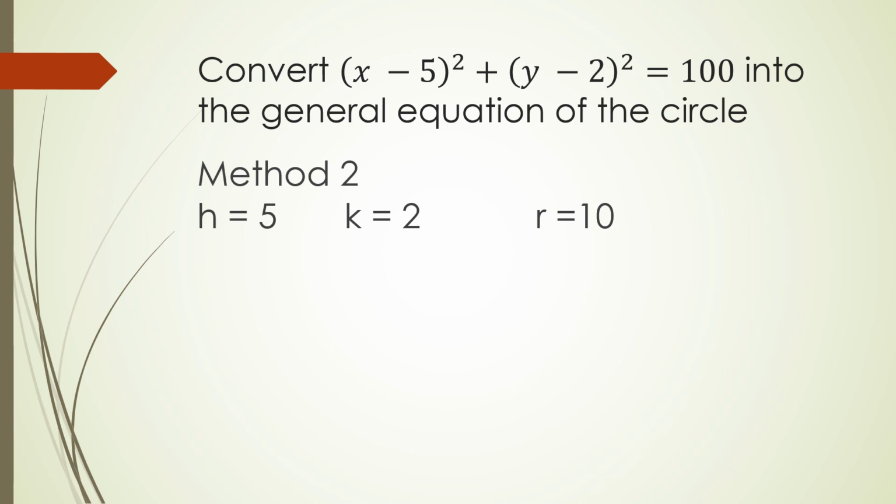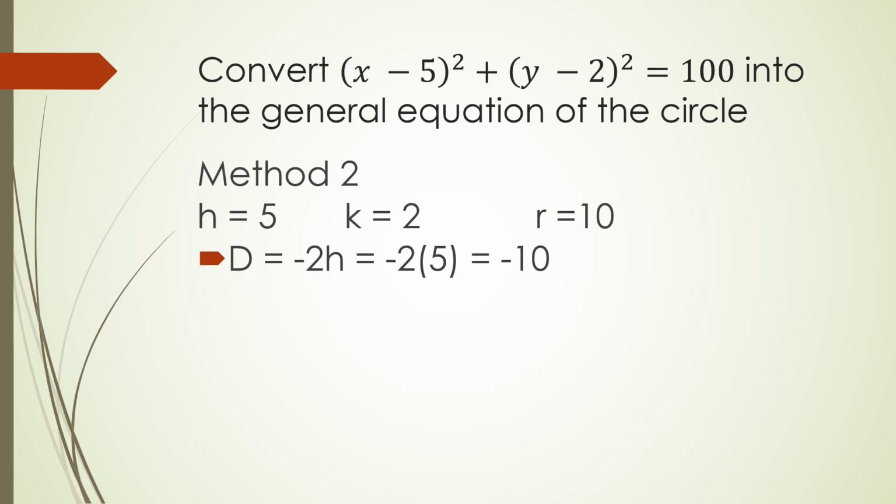So we're going to use those in order for us to solve for the general equation of the circle. Thus, we have to determine the values of h, k, and r, which are h = 5, k = 2, r = 10.